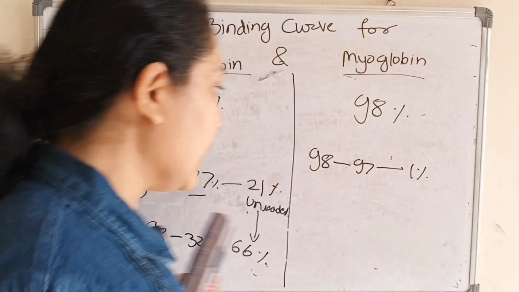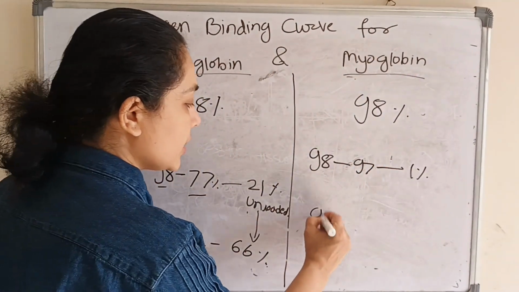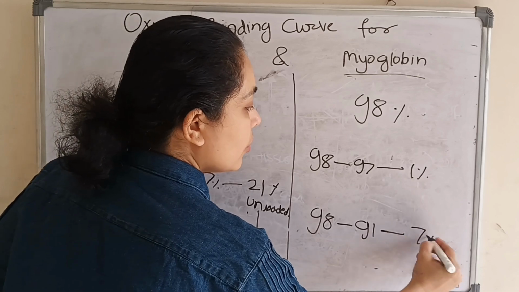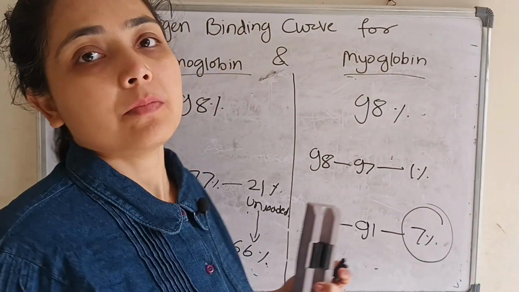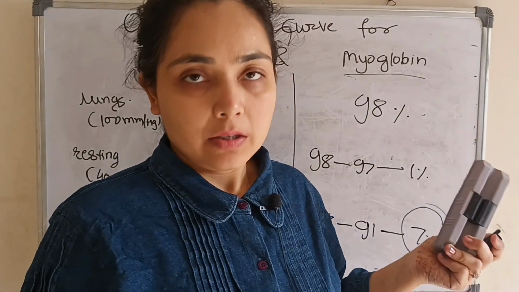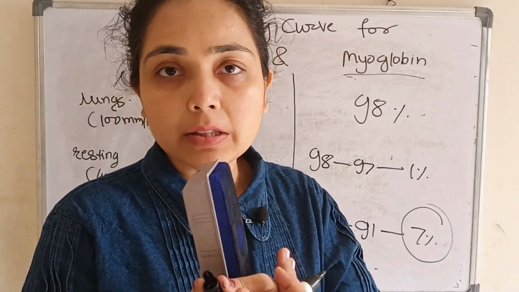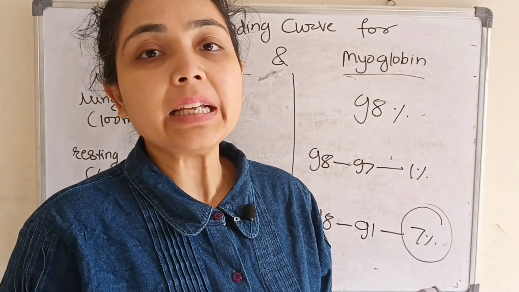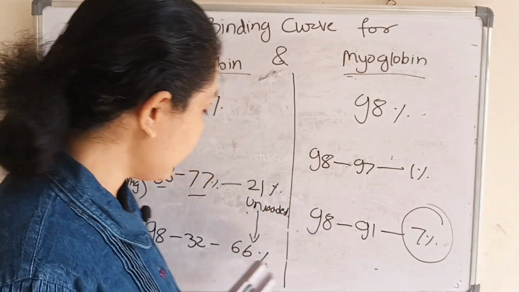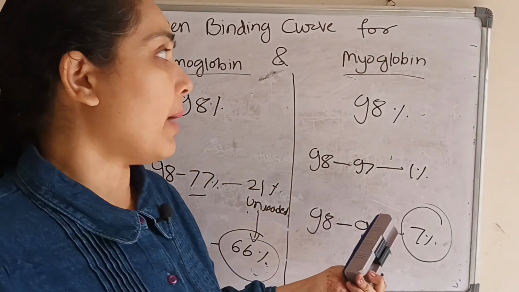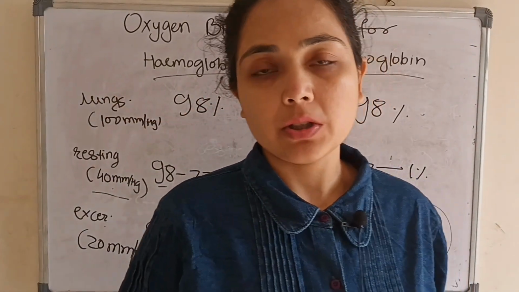At 20 mm of Hg partial pressure, only 7% of the protein will supply the oxygen. That is also very less, and that will not meet the demand of exercising tissue, because here hemoglobin is supplying 66% and the myoglobin supplies only 6% oxygen.